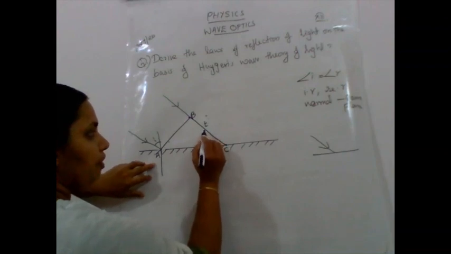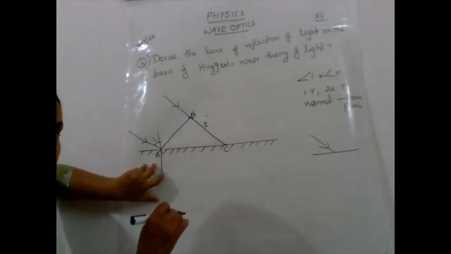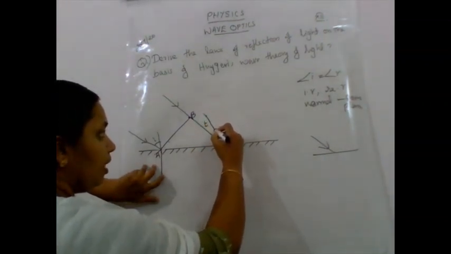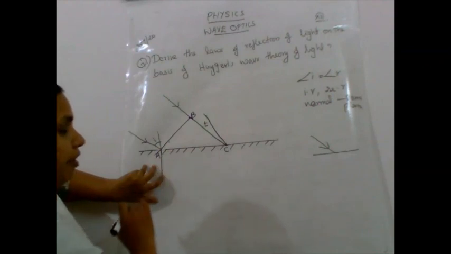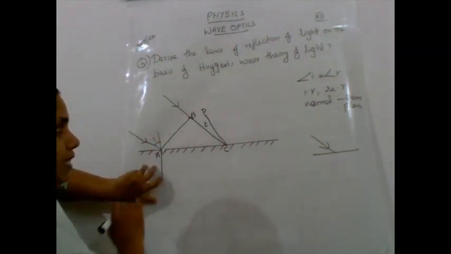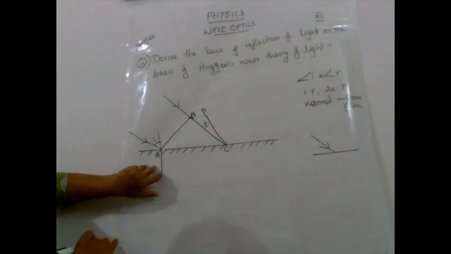And after time T, if you join all such loci, we will get a plane wavefront like this and we can name it DC. And this DC will be the reflected wavefront. Okay, DC will be the reflected wavefront.